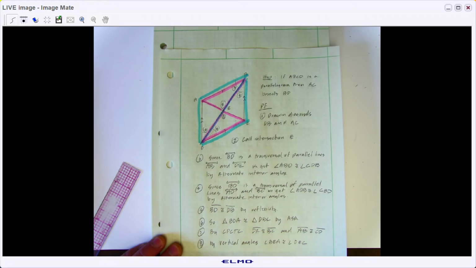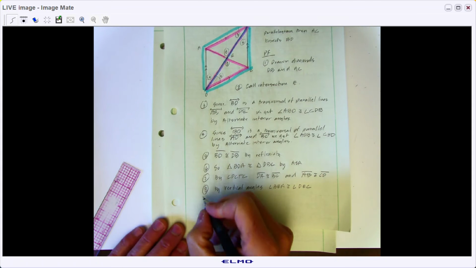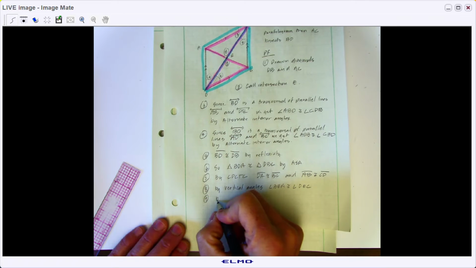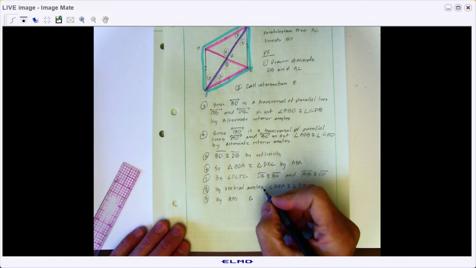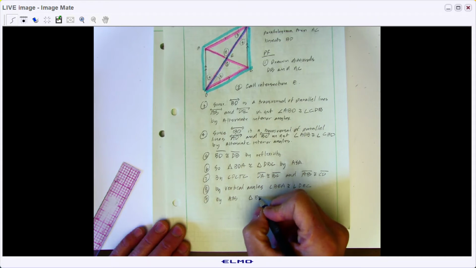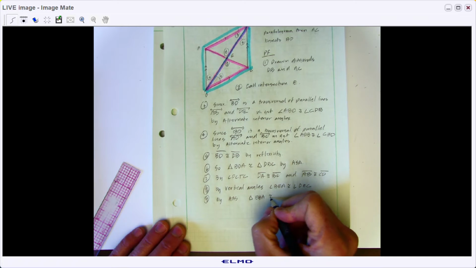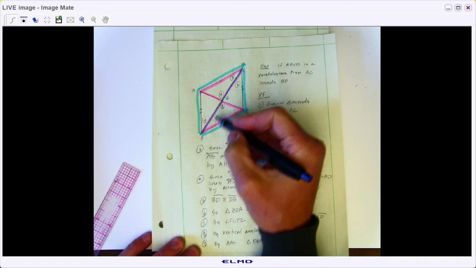And we've got enough now to state that the pink triangles are congruent. So I guess 9 by angle, angle, side, triangle EBA. So I went E to B to A, so I'll have to go E to D to C.